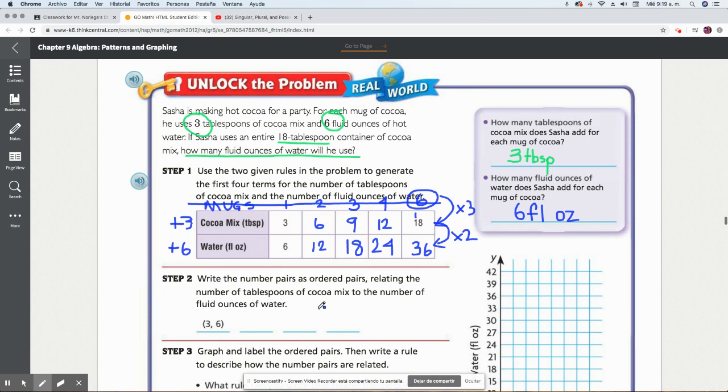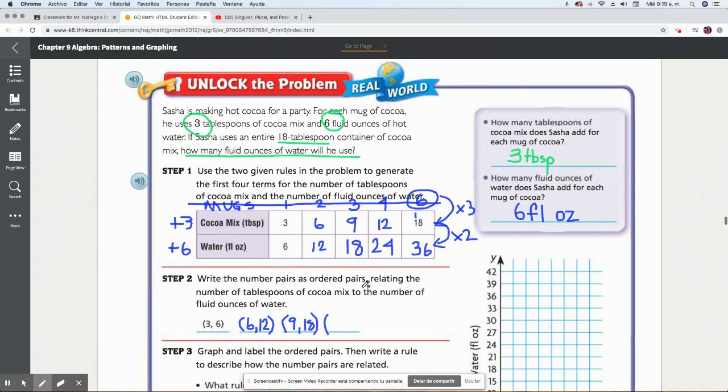For the ordered pairs, I'm going to take the top number for the first number, and the bottom number for the second number. So 3 and 6 are already here. I'm going to open a parenthesis. I'm going to use the second set, 6, 12, and then close the parenthesis and open another one. I'm going to use 9, 18. I'm going to close my parenthesis, open another one.